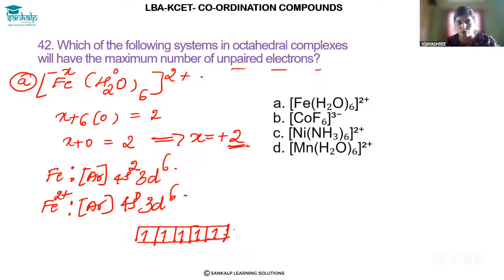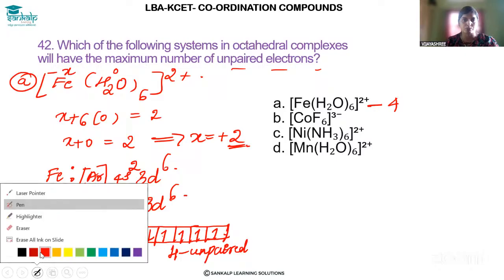So 5 electrons are used. The remaining 1 electron we will pair up. So in this 3d6 configuration, how many unpaired electrons are there? 4 unpaired electrons. So in option A, 4 unpaired electrons are there.